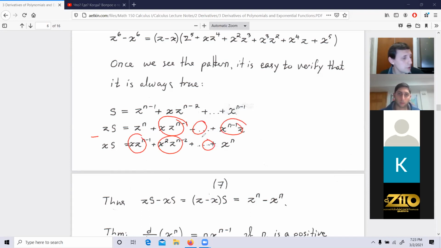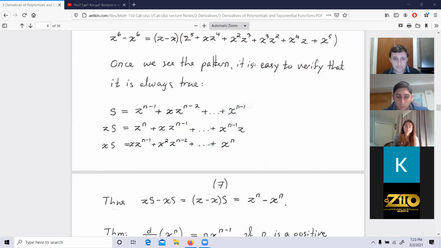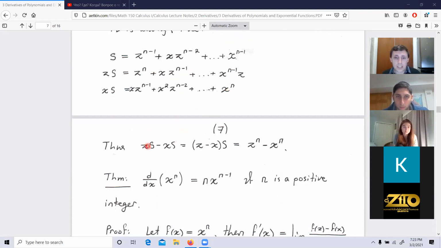This will be canceled with this term. The only surviving terms are z to the n and x to the n, which is what you see over here. So that's z minus x times S, which will be z to the n minus x to the n.